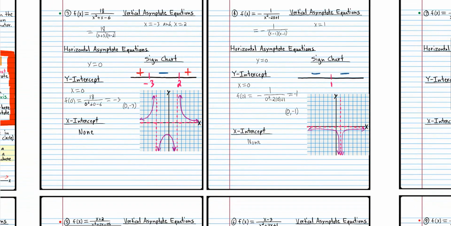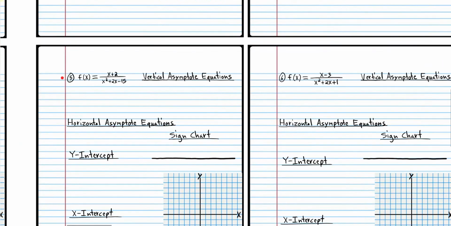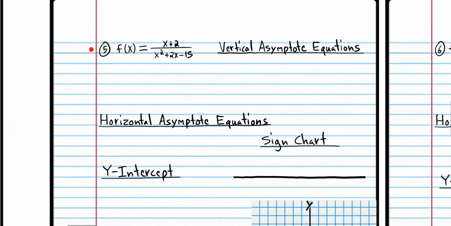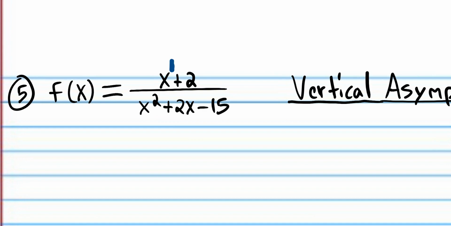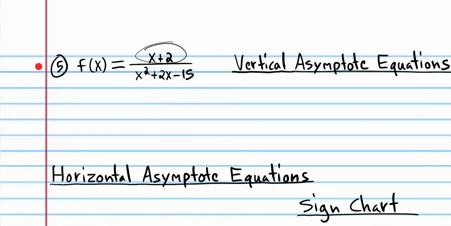Okay. So now we're going to go to some slightly different types of problems. Here we don't have a constant in the numerator. We actually have a degree 1 polynomial because the exponent there of the leading term is 1. So the degree of the polynomial in the numerator is 1. The degree of the polynomial in the denominator is 2.